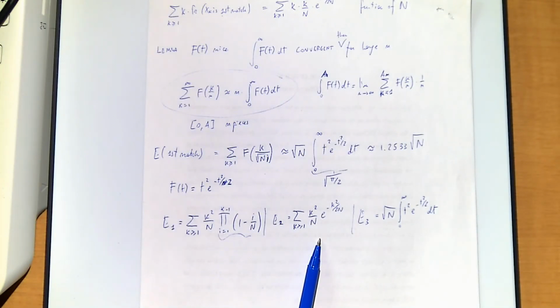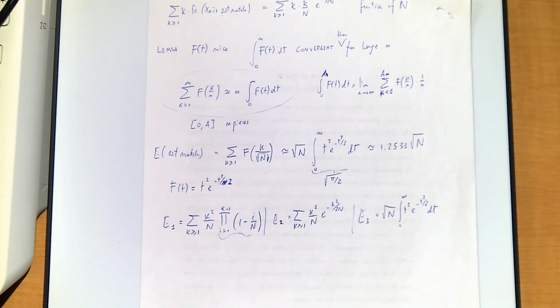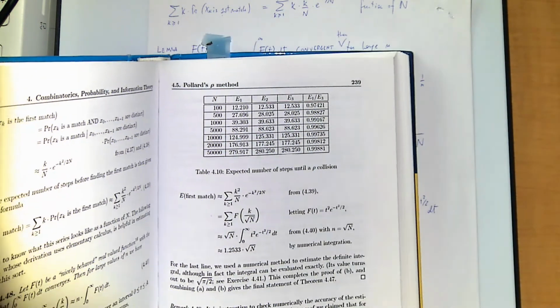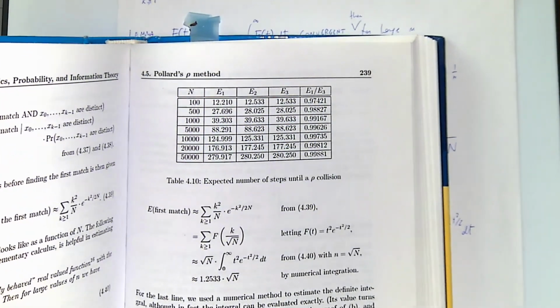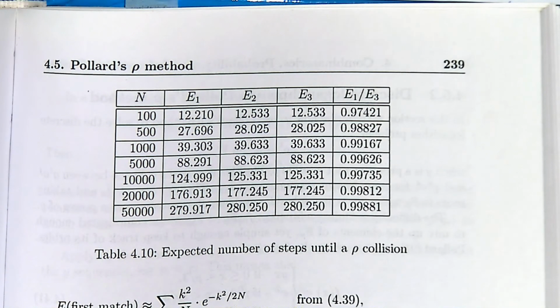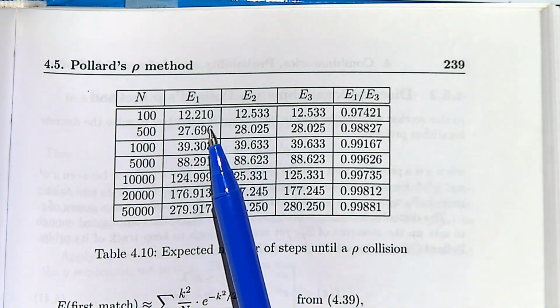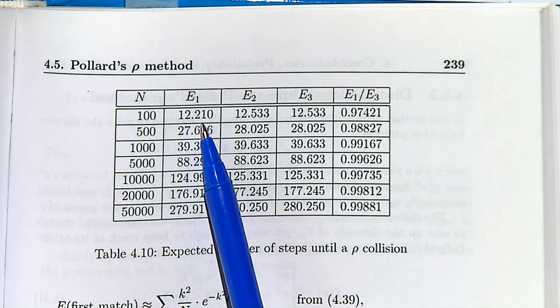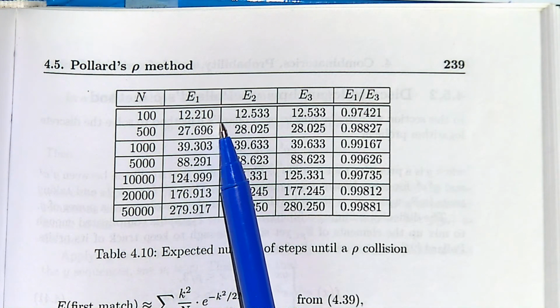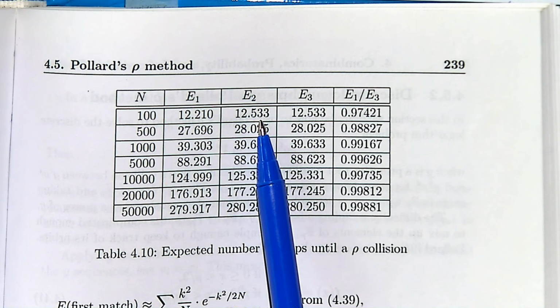This is the first approximation. This is a further approximation. And if you look at this, I'm going to zoom in, maybe a little bit too much. You can see, look, for n equal 100, the actual value is 12,210, and this is 12,533, and this is 12,533.